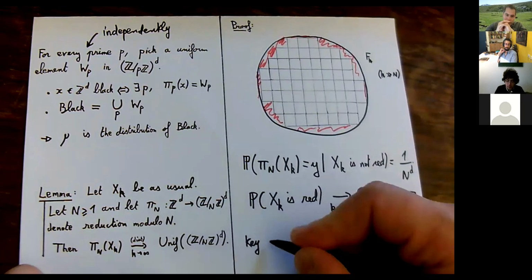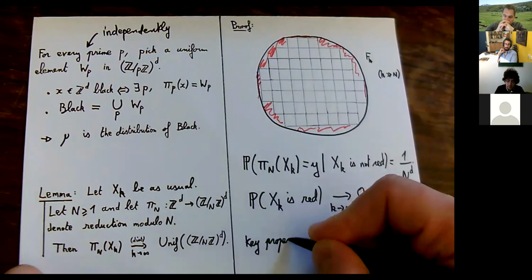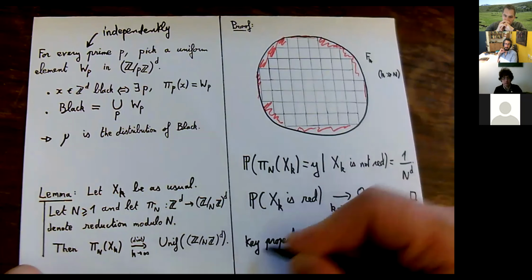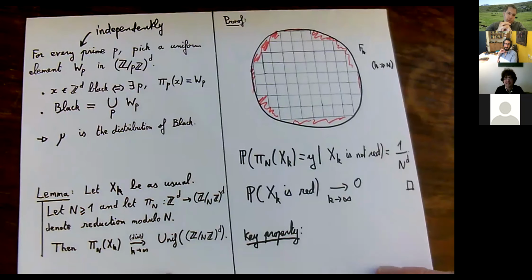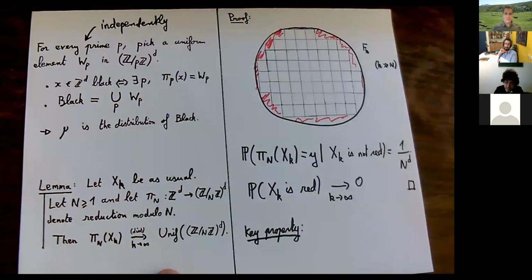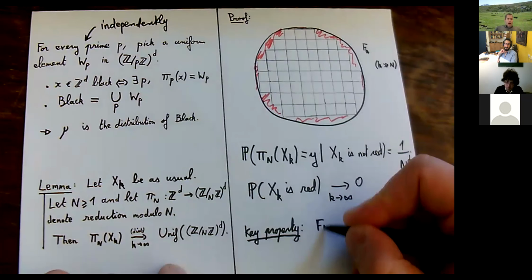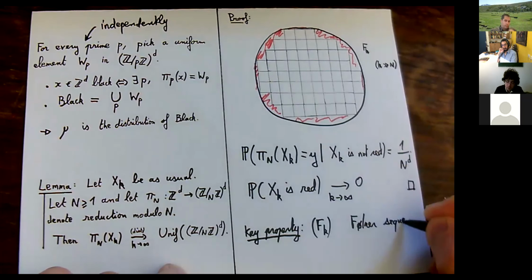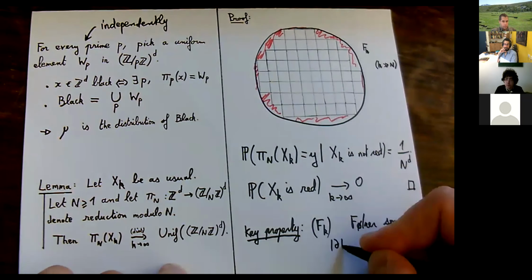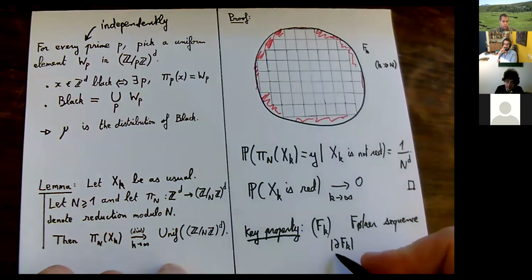And a natural property that makes this lemma work, which holds for many other Fk's than what I've mentioned before, is the notion of Følner sequence. I recall that Fk is a Følner sequence means that the boundary of Fk has a size that is negligible compared with the size of the set itself.